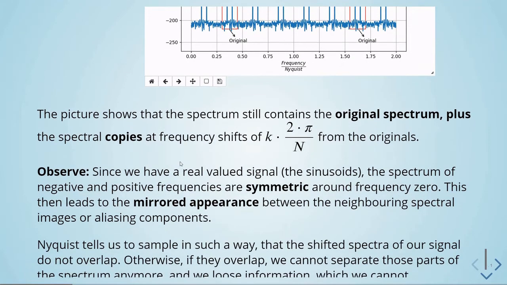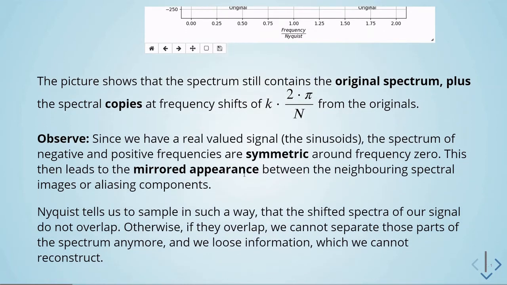Observe that since we have a real valued signal, the sine waves, the spectrum of the negative and positive frequencies is symmetric around frequency 0. This leads to the mirrored appearance between the neighboring spectral images or aliasing components. Nyquist tells us to sample in such a way that the shifted spectra of our signal do not overlap.